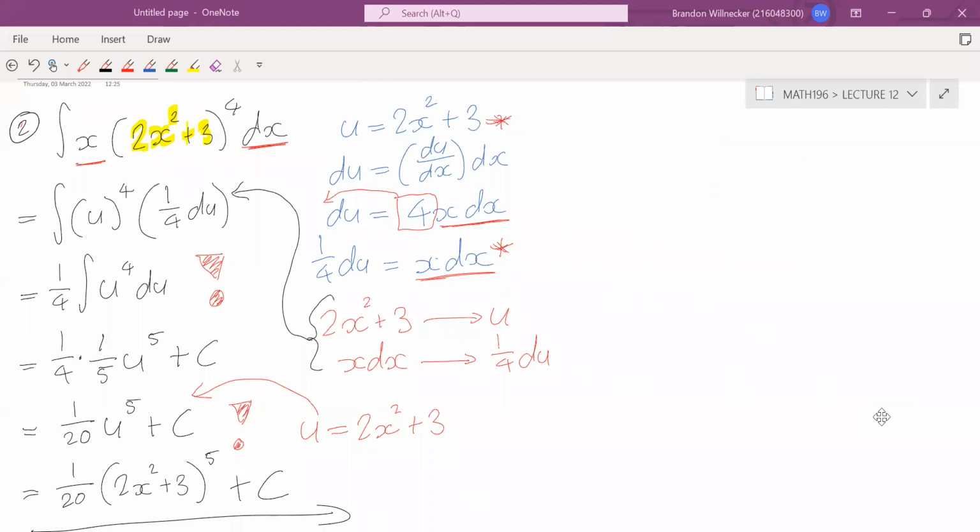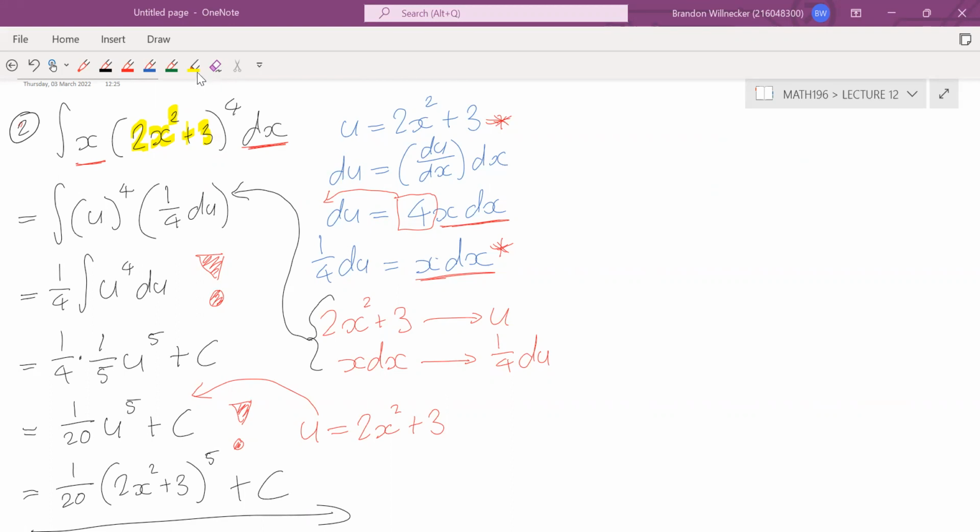Okay, any questions about this one? Okay, so I hope you're all getting the idea of what you should let be u in this case. Here we see that this inside part, 2x squared plus 3, is being raised to the power 4.